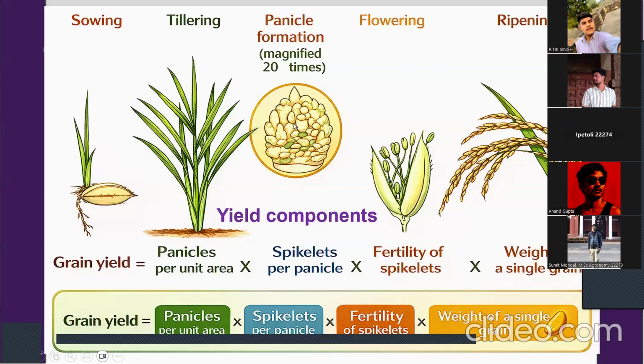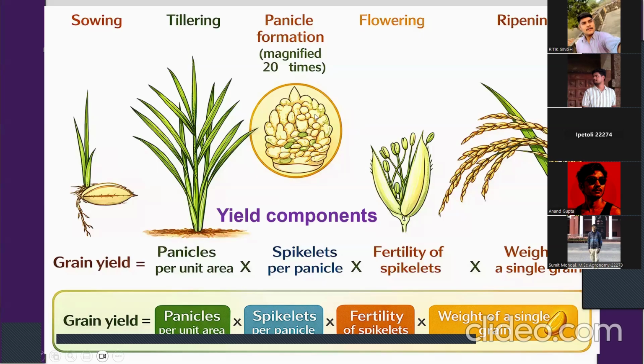If the development is poor, it will make fewer spikelets per panicle. If there is no proper water or moisture at this stage, the spikelet number will be less. This is a very critical stage for nitrogen application, for water application, and for temperature also.